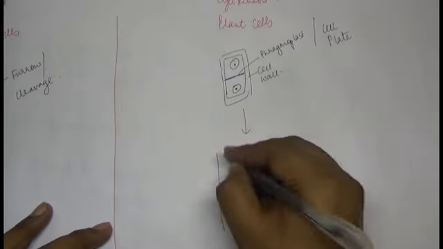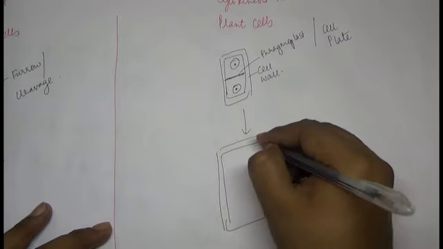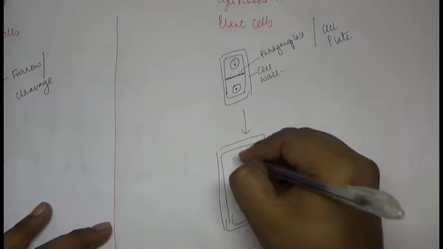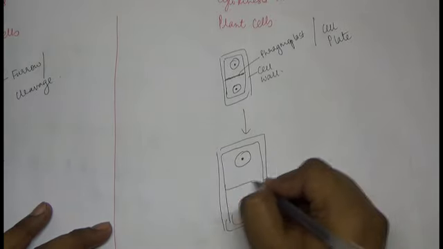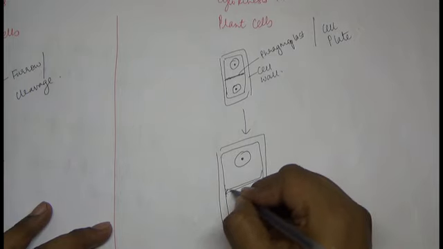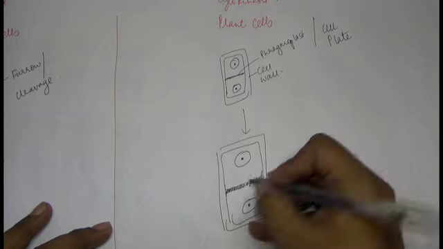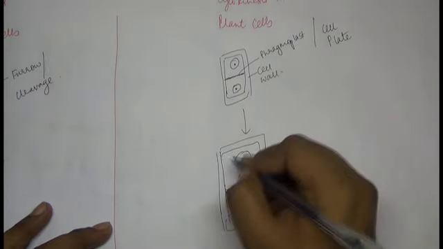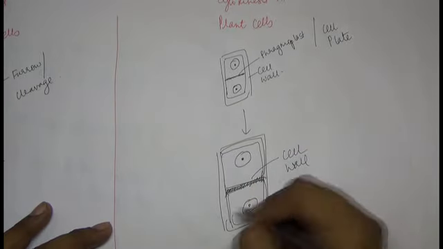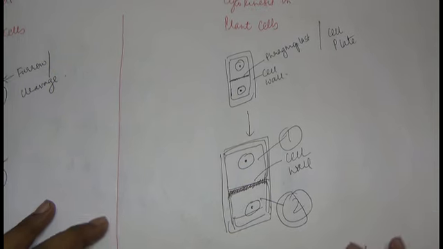This will further, let me draw a bigger diagram, deepen and almost form a cell wall, and hence you will get the two daughter cells, daughter cell 1, daughter cell 2.